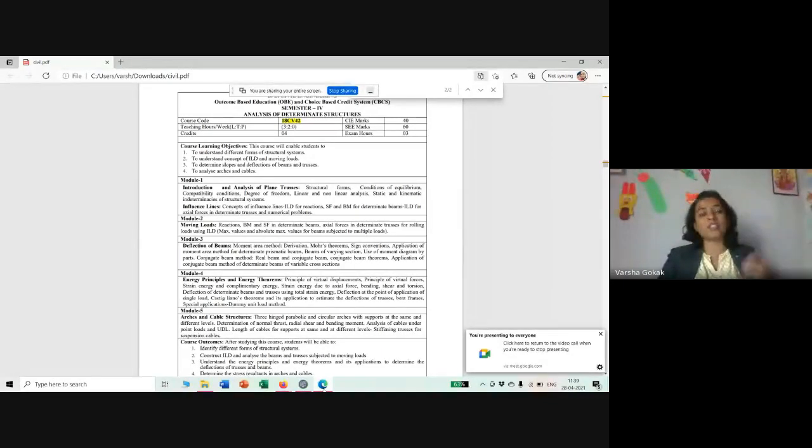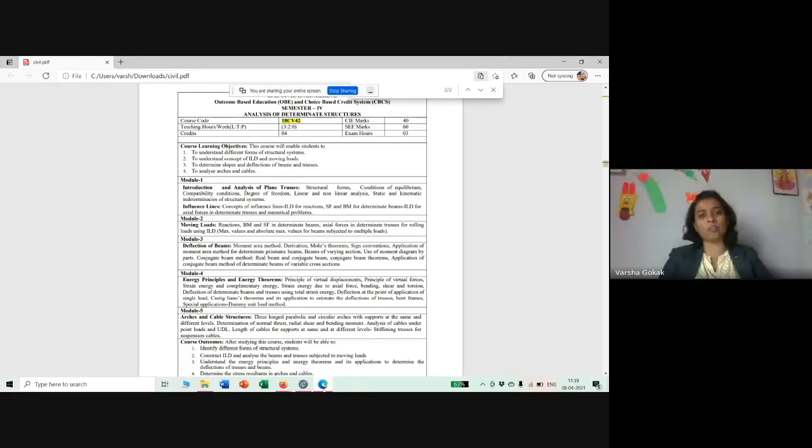Correct. We studied this in engineering mechanics in first semester, and diploma students also study engineering mechanics in their diploma colleges, in the first or second semester. Here also these three are called equations of equilibrium.